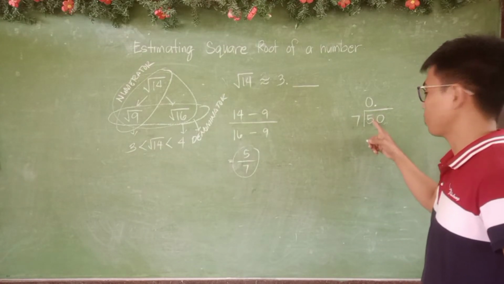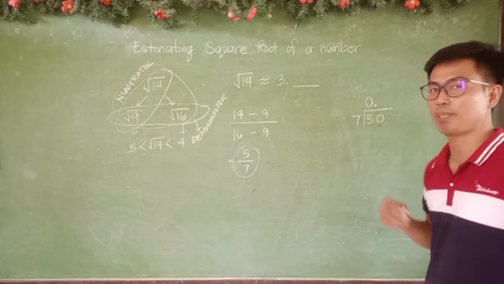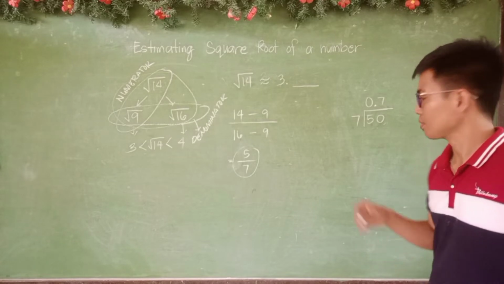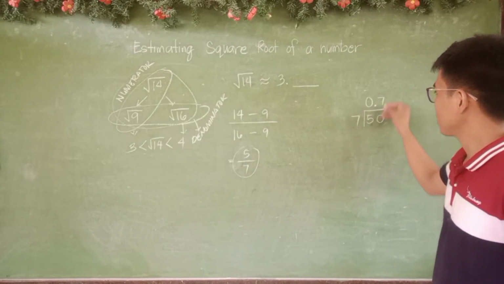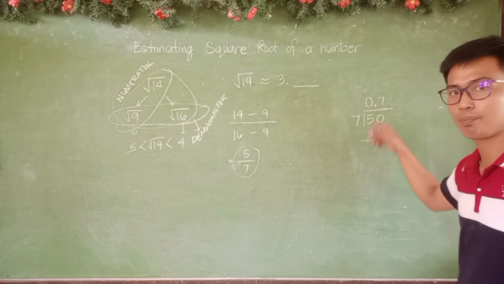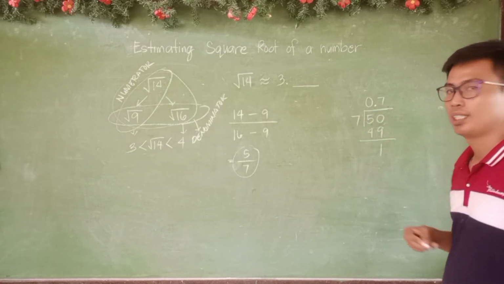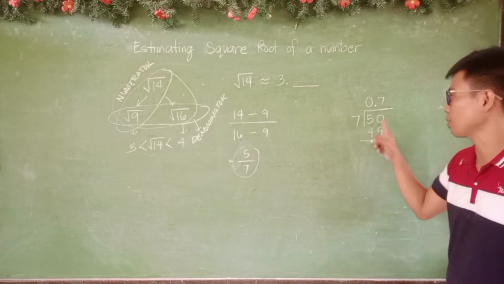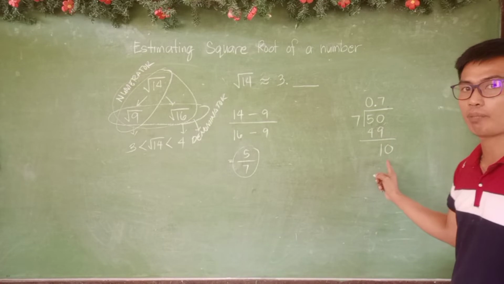So magiging 50 na siya. How many 7s are there in 50? That is 7. Then 7 times 7 is 49. Subtract, 50 minus 49 is 1. And again, add 0. Hindi na tayo mag-a-add ng decimal kasi nakapag-add na tayo kanina. How many 7s are there in 10?